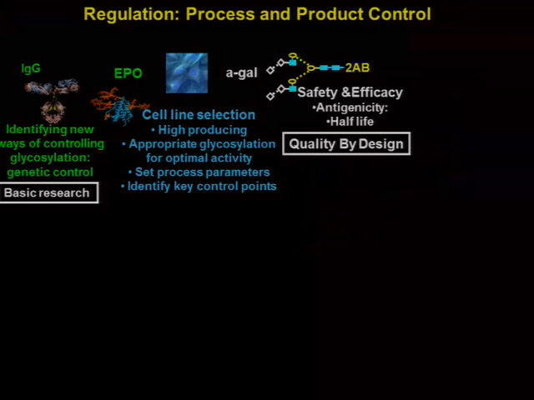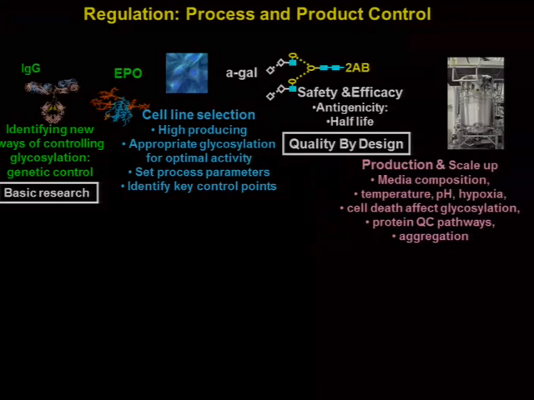So it could take you all the way from very detailed analysis of glycoproteins to understanding their function, to doing basic research, all the way to doing cell line selection, to checking that your highly producing cells actually have appropriate glycosylation, to checking very simply for whether you have antigenic epitopes there, for following your production, and in particular scale-up, because we know scale-up sometimes changes glycosylation, and all these different things which affect the media.